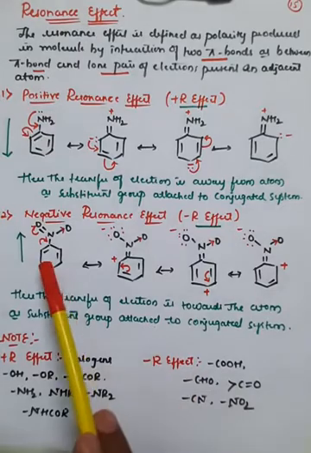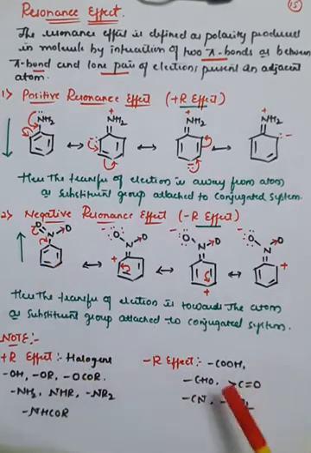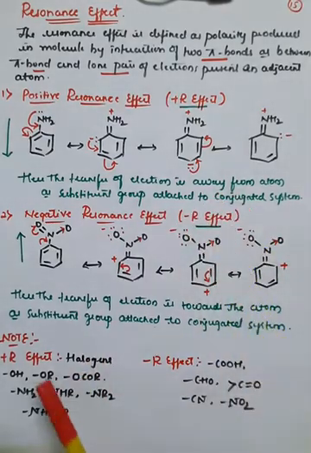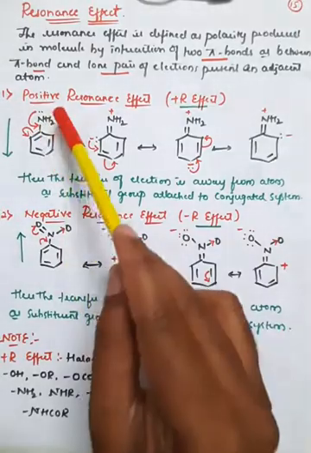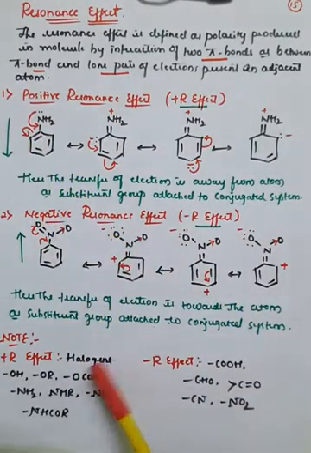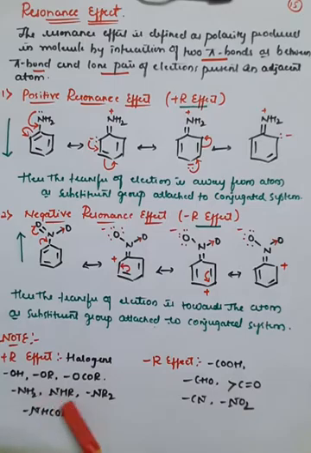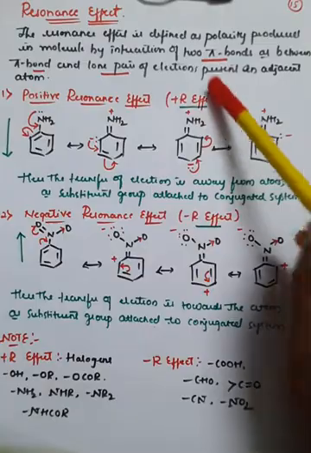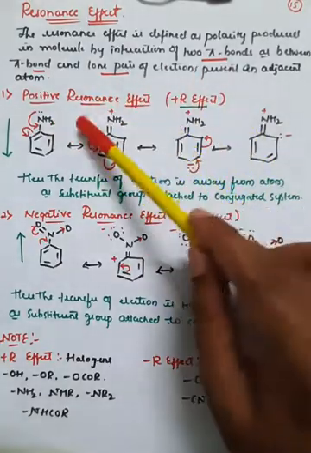So whenever the benzene ring is bonded with COOH, CHO, C double bond O, CN and NO2, there is a formation of a minus R effect. And whenever there is bonding of this benzene ring with the halogens, OH, OR, OCOR, NH2, NHR, NR2 and NHCOR, there is a formation of plus R effect, also called positive resonance effect.